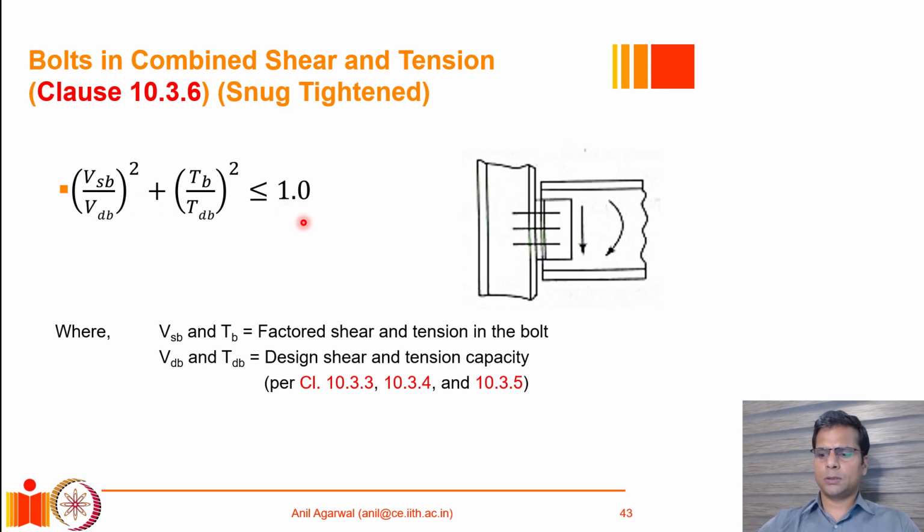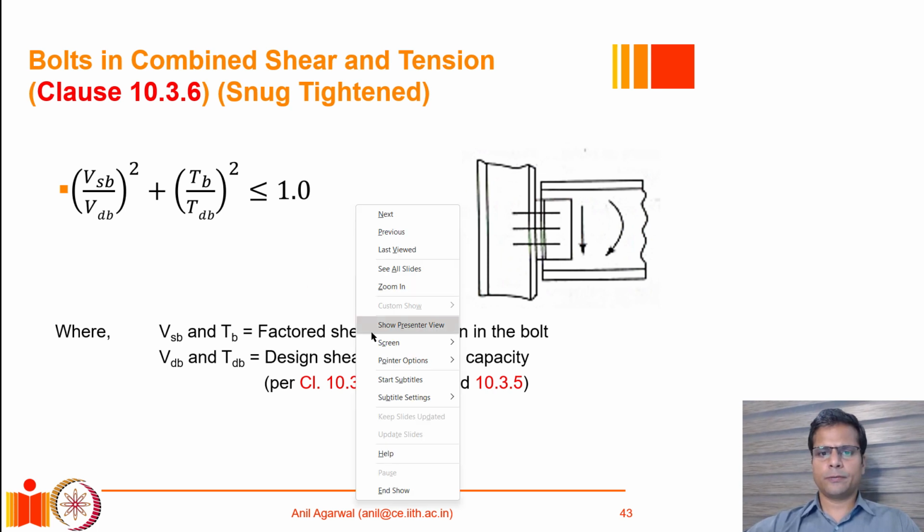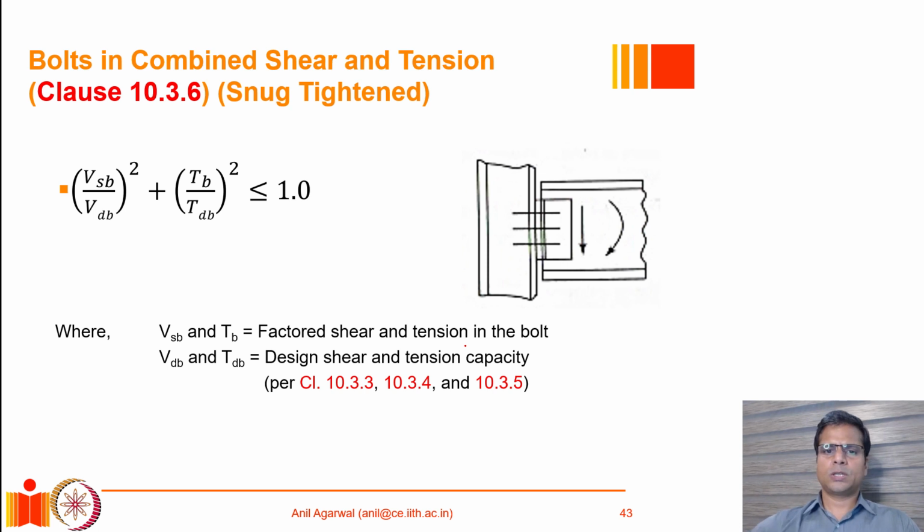If I plot it on a plane which represents tension force on the horizontal axis and shear force demand on the vertical axis, and let's say this is the shear capacity and this is the tension capacity of a bolt, then the interaction curve will look like this.